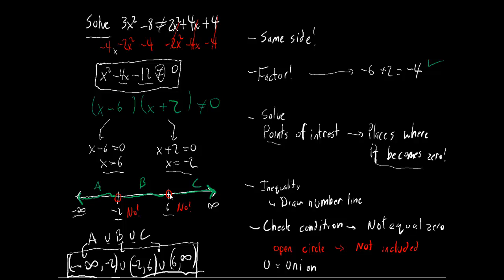Okay? Since 6 and -2 make it equal to 0, they're not part of the solution, so we put an open circle for those and said the rest of the number line does satisfy it. Now, that -2 and 6 split the number line into 3 regions, A, B, and C, and so we had to write what A is, what B is, and what C is, separated by the union signs to give the correct answer. Well, that's all for this problem.